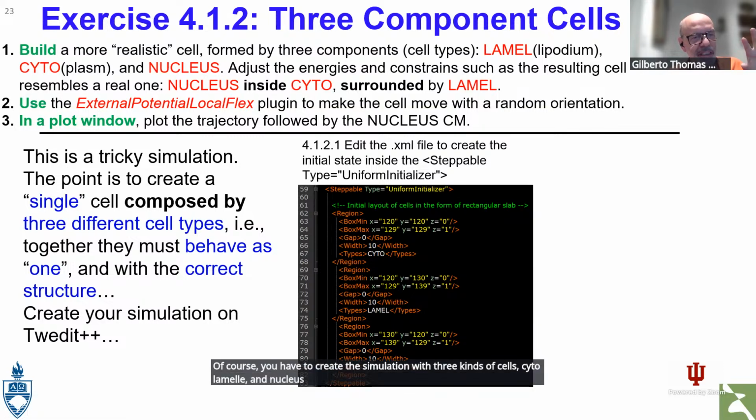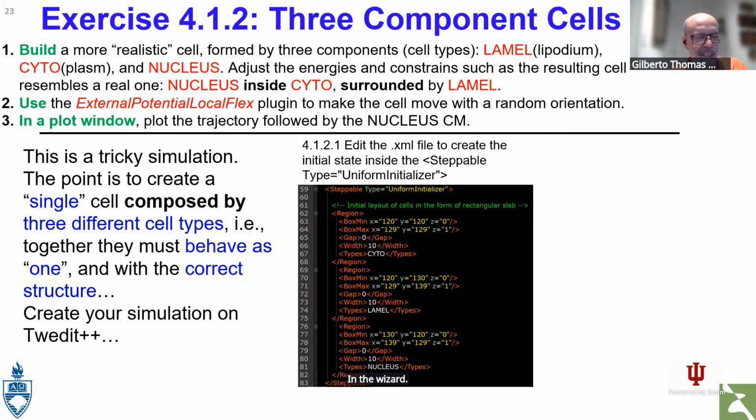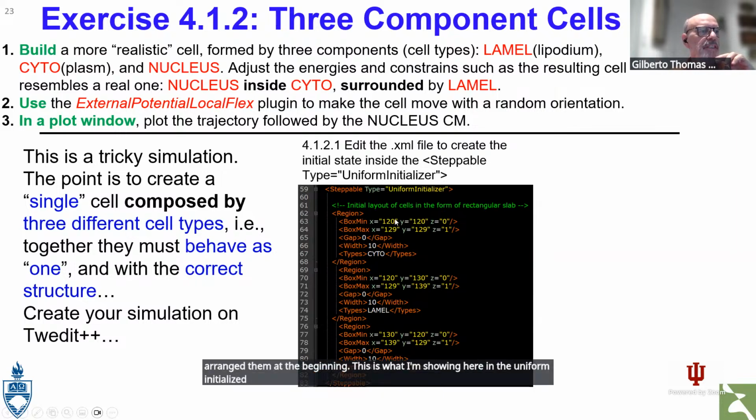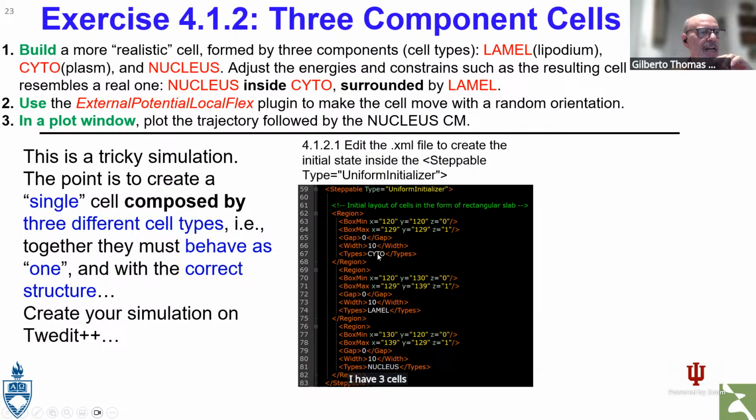In the wizard, you have this in the code already, but how to arrange them at the beginning. This is what I'm showing here in the uniform initializer. I have three cells here: cyto, lamel, and nucleus. And they are all together, one aside of the other.